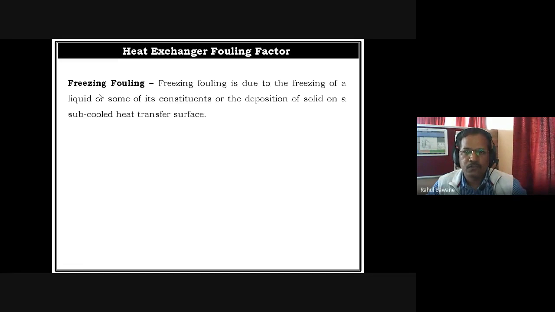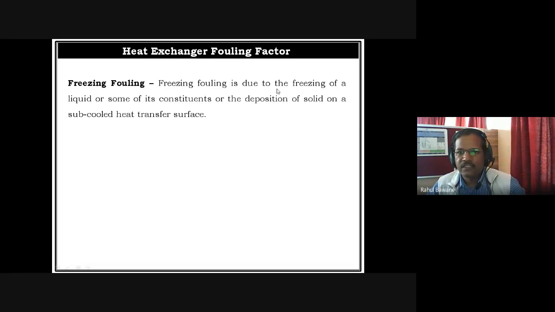In your household refrigerator, if you keep it on and go for a vacation of one month, after coming back you observe that in the chiller portion where you made ice, there is an ice layer formed inside that evaporator section. Due to that icing, heat cannot be transferred easily. So the ice layer also provides a barrier for heat transfer, and that is called freezing fouling.